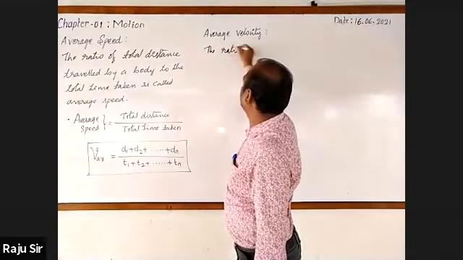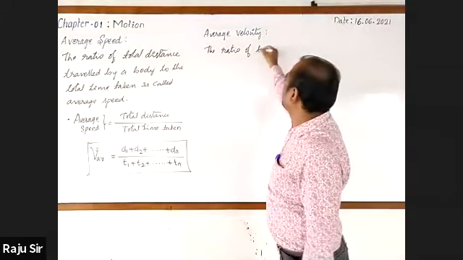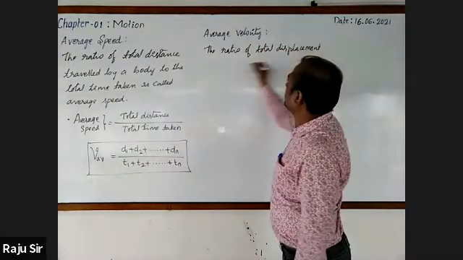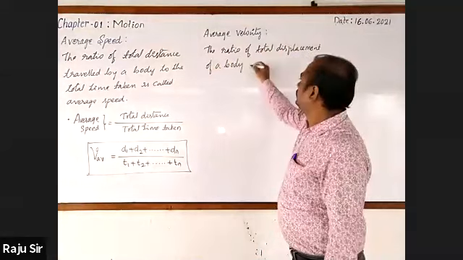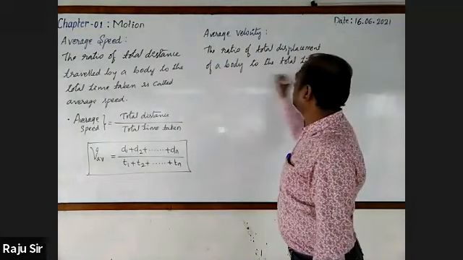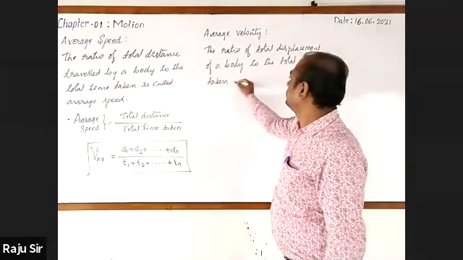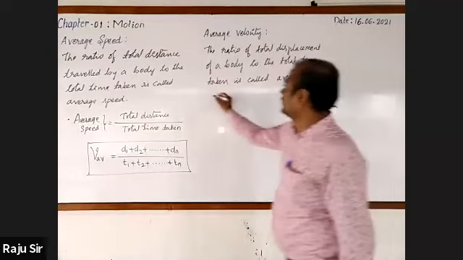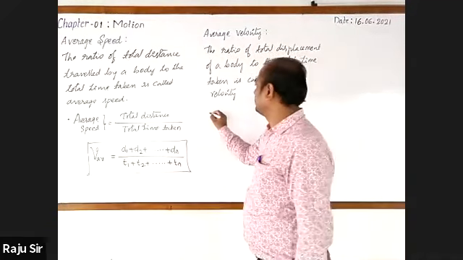The ratio of total displacement of a body to the total time taken is called average velocity. Average velocity. Write the formula.